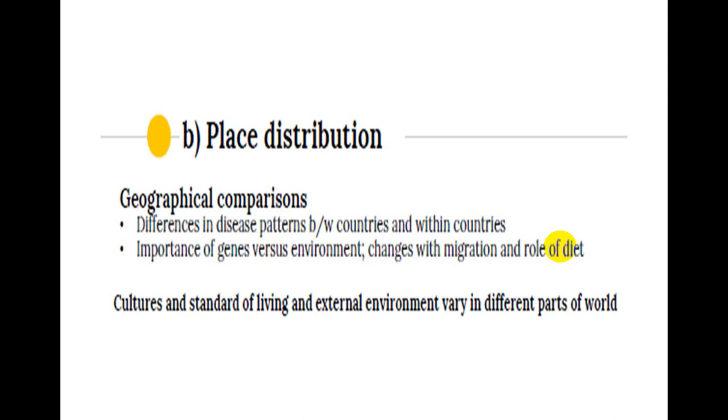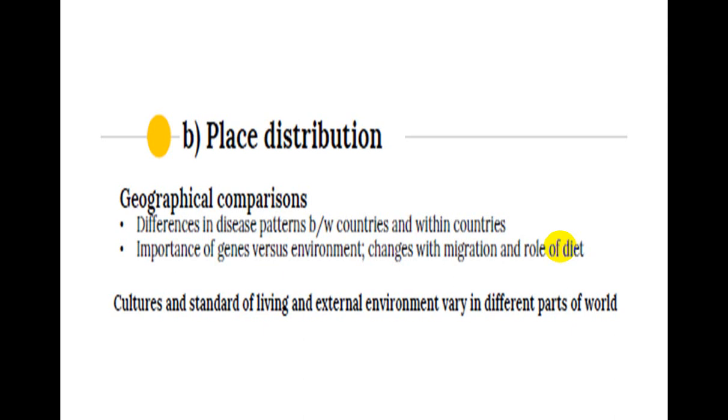The study of the geography of disease has developed its own special techniques, which sometimes involve complex statistical analysis. Geographic patterns provide an important source of clues about the causes of disease.